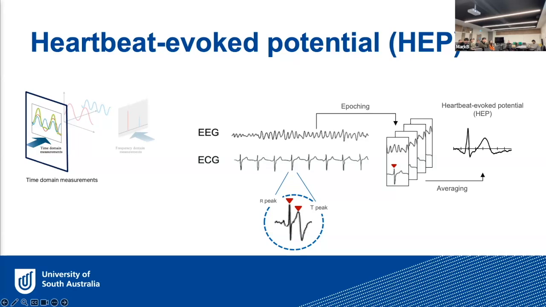Typically, our heart beats 60 to 80 times in 1 minute. So if I show a 3-minute video, then I will probably get 180 or 240 events.